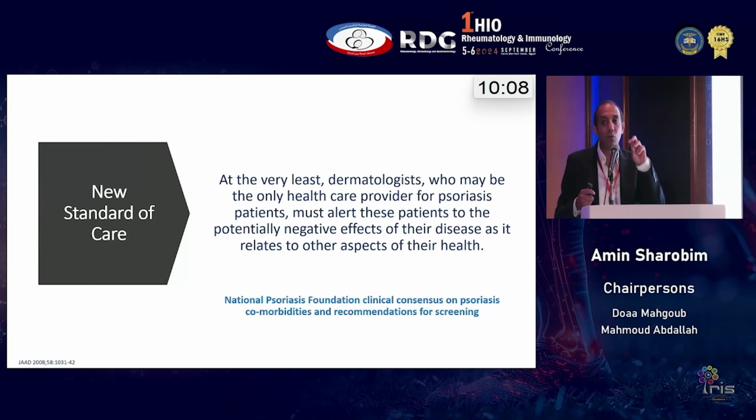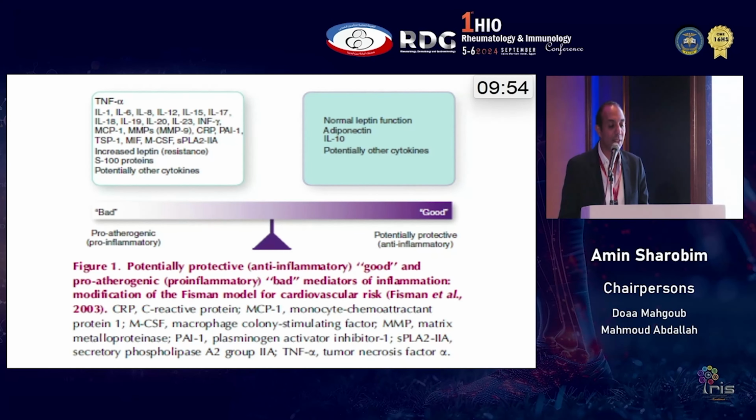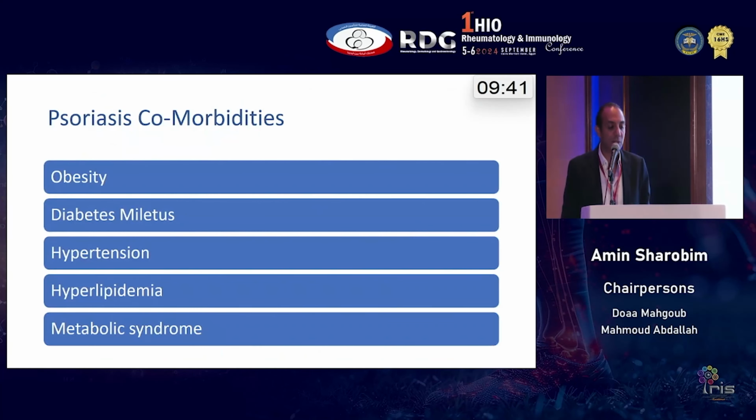And now the role of a dermatologist, who is the healthcare provider, is not only to treat psoriasis, but to pinpoint all these comorbidities and to take a multidisciplinary approach to treat these patients with all their comorbidities. And that's because we have a chronic inflammatory state with a lot of bad pro-atherogenic or pro-inflammatory cytokines, in comparison to the normal or anti-inflammatory cytokines, which happens in psoriatic disease.